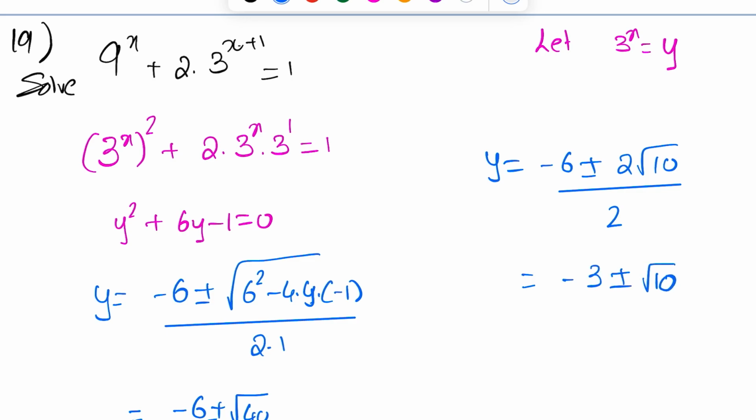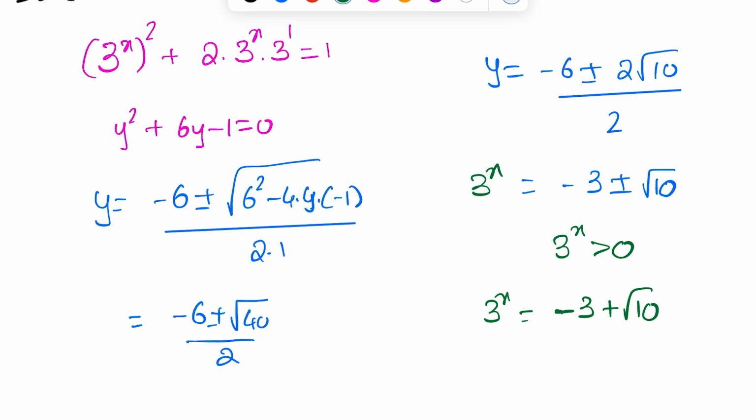But basically what is happening is this is y. But what is y? y is 3 power x. We know that 3 power x can only be positive. It cannot be negative. So I take only the positive value, negative 3 plus square root of 10. This is 3 power x. So apply log on both sides. Log of 3 power x equals log of (negative 3 plus root 10).